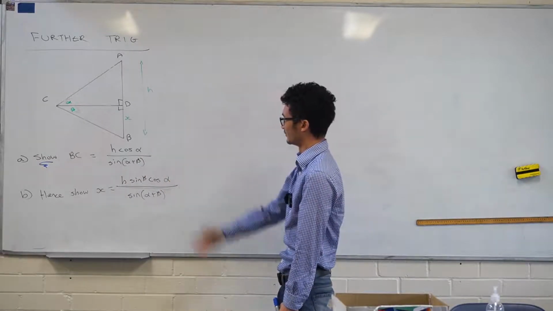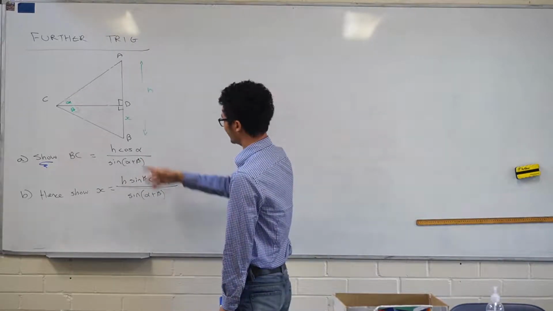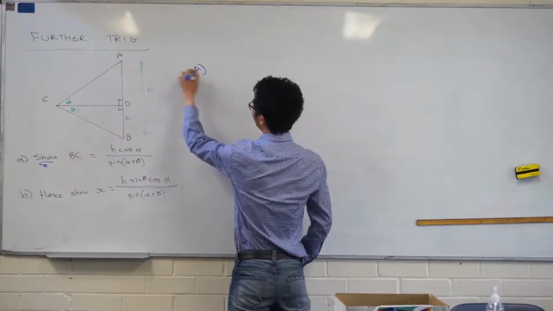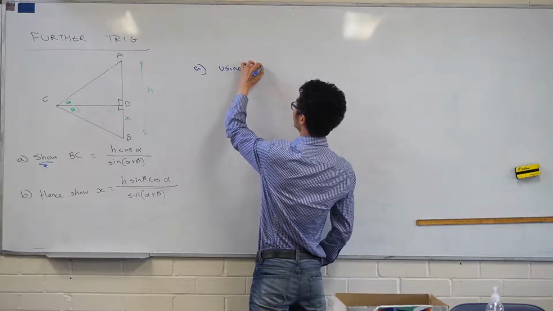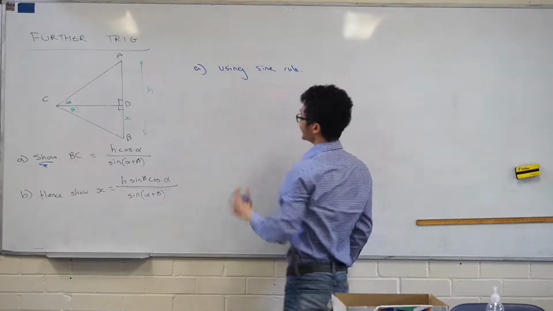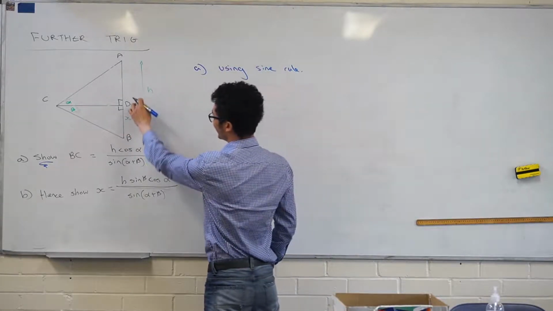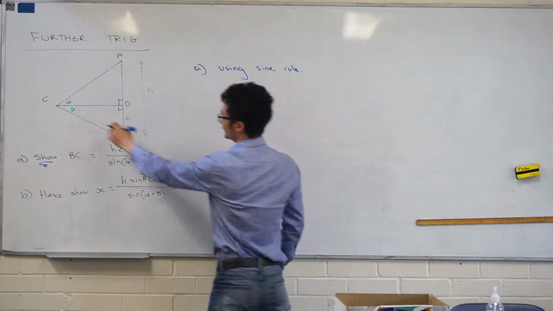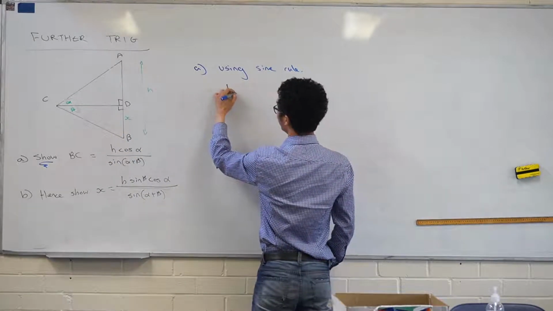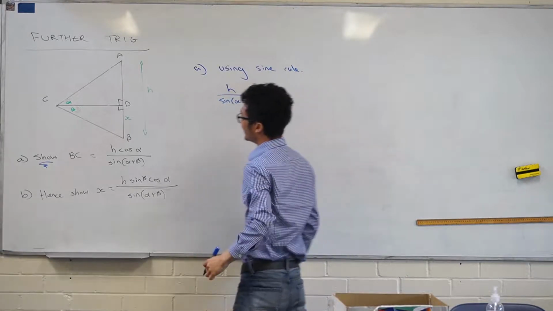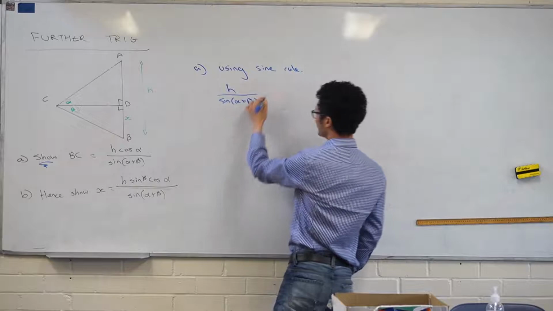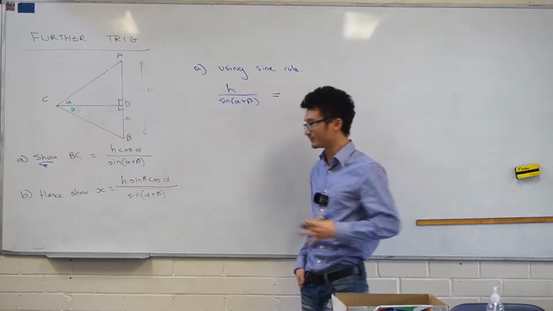So how could we use sine rule here? Well, why don't we start off with what we just said. So part A, and again, I'm using very clear steps of what I'm doing. I'm saying using sine rule, I know that h on sine alpha plus beta is equal to any other angle or side that I choose. And this is where you want to be a bit strategic with how you choose that.